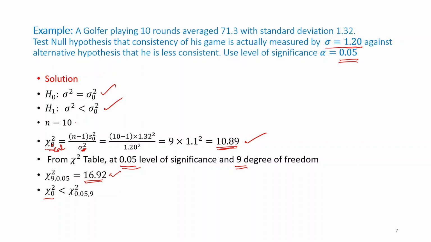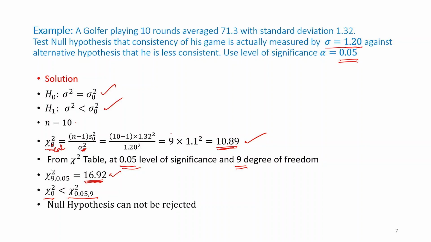That is, chi-square observed or chi-square calculated is less than the chi-square from the table. And therefore, we say the null hypothesis cannot be rejected. It has not gone beyond this value.